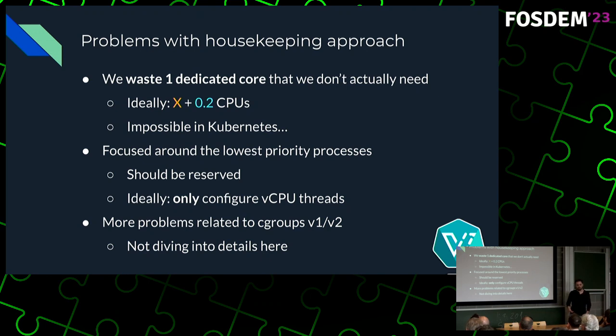But this also has a problem. The first problem is that we waste one dedicated CPU for stuff that is of low priority. This is a huge waste. Ideally, we would have wanted to say, give me X amount of dedicated CPUs, and another amount of shared CPUs for everything else.